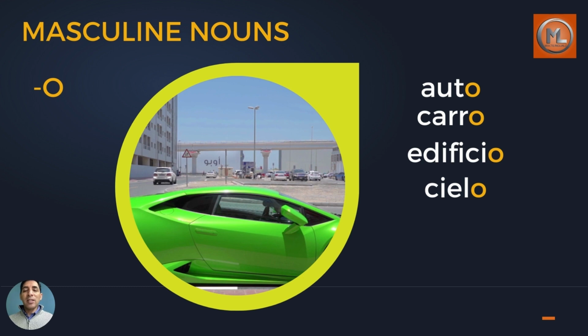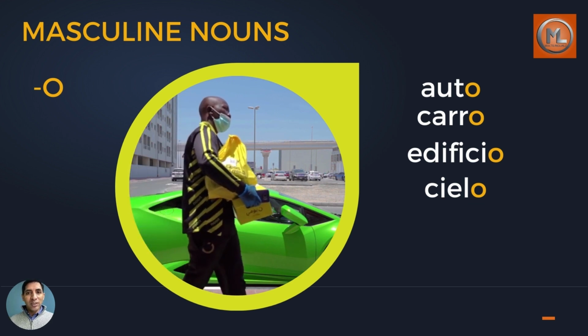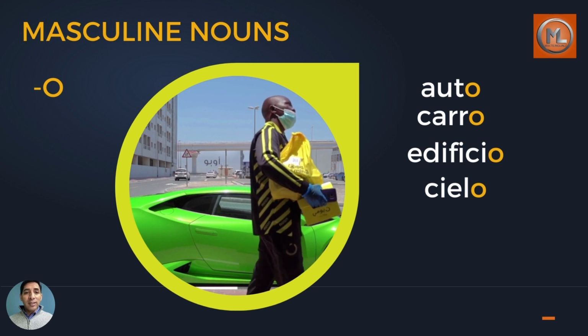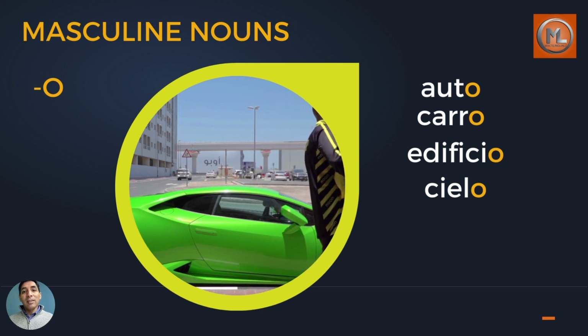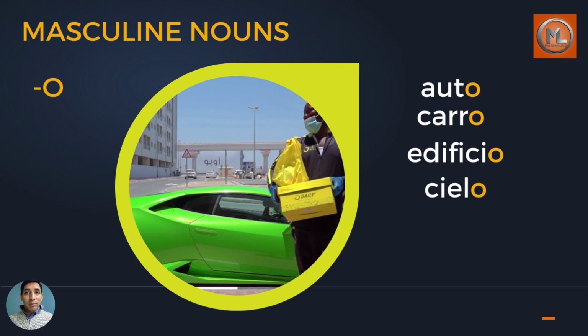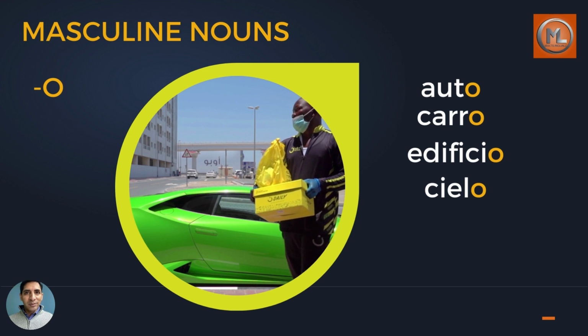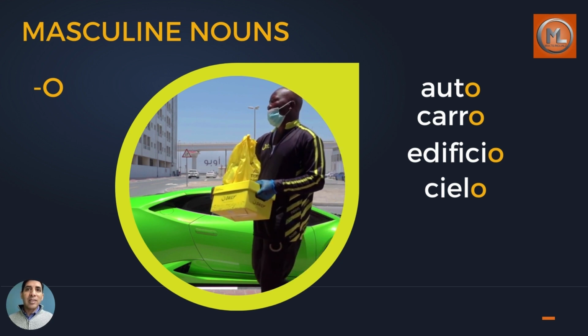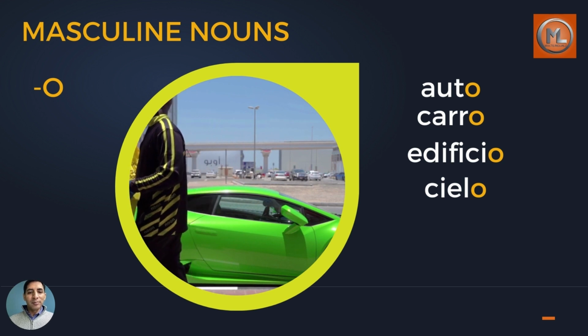Edificio, building. Cielo, sky. So when you look at this video, you can see a car, auto, you can see the sky, cielo, you can see a building, edificio, you can see a carro, auto also. All of them are masculine.